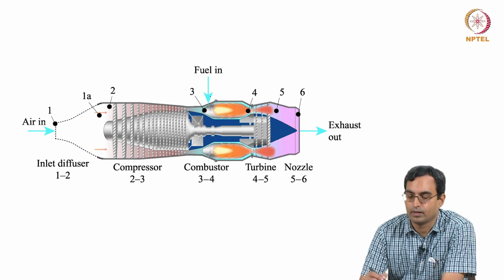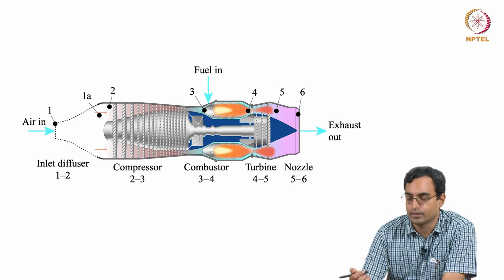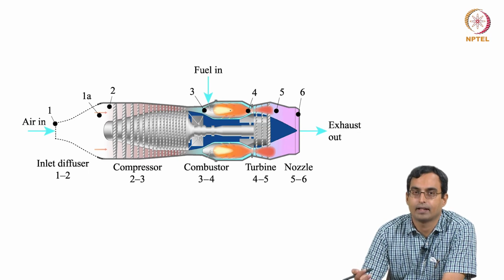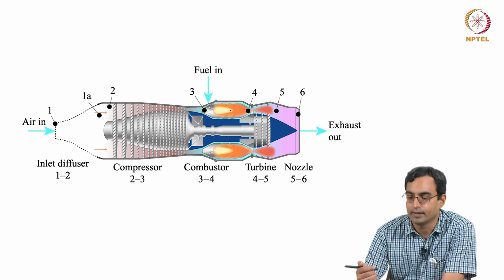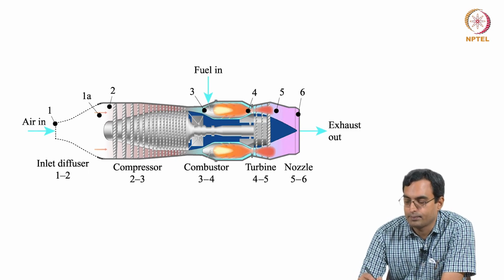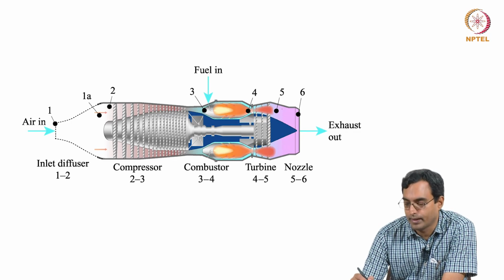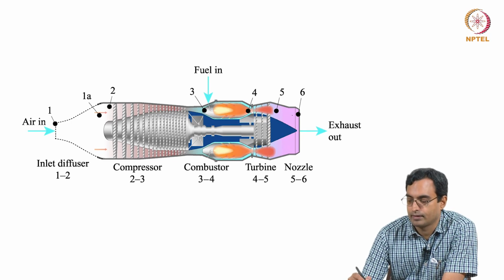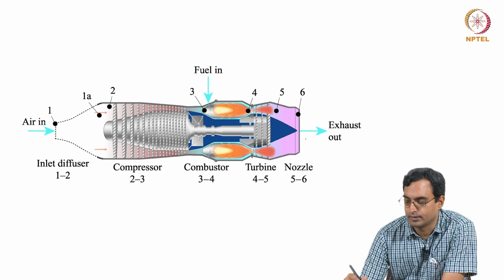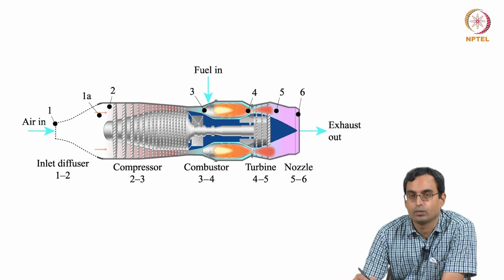So, for example, you can use aviation kerosene, burn it, and then you get hot products of combustion. These gases now have high enthalpy because you have added heat by burning. And this high pressure, high temperature gas, you can expand partially through a turbine and the remainder you can send out through a nozzle. When expanding it in a turbine, you get work.